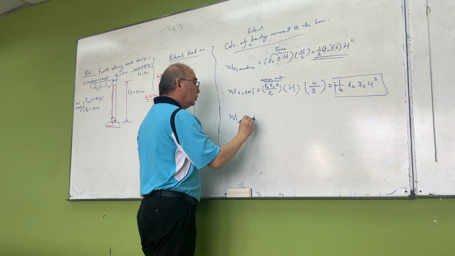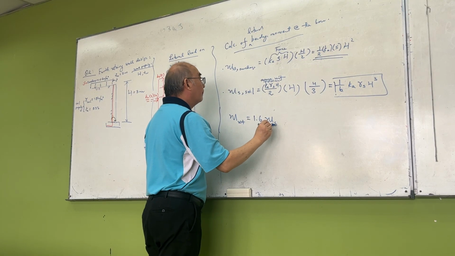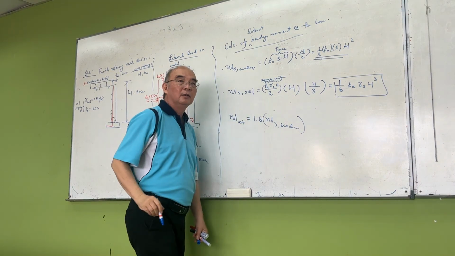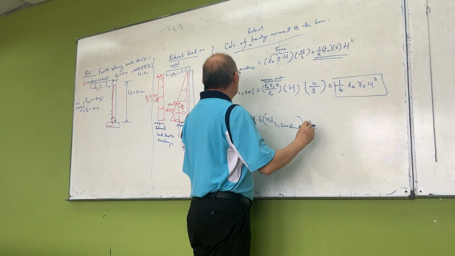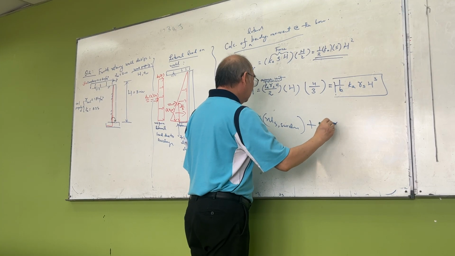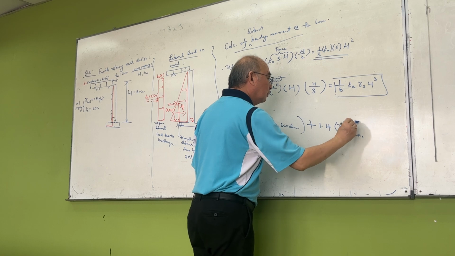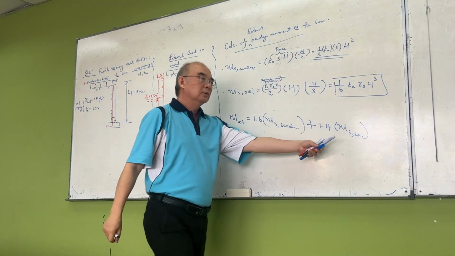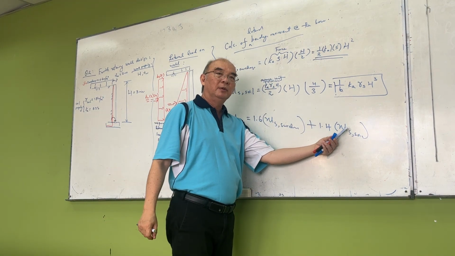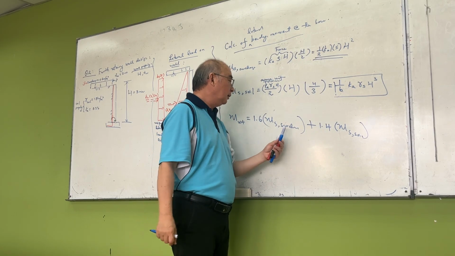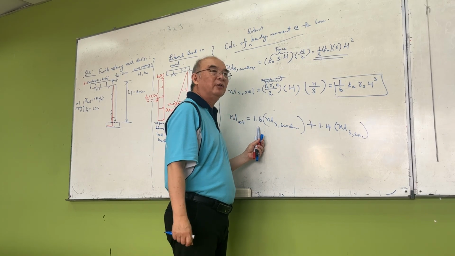So the surcharge is 1.6, and then the lateral soil pressure is 1.4. The lateral soil pressure moment, service load moment, multiplied by 1.4 load factor, and the surcharge moment with 1.6.